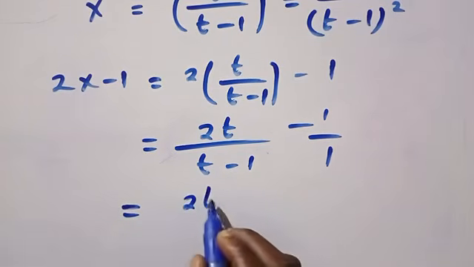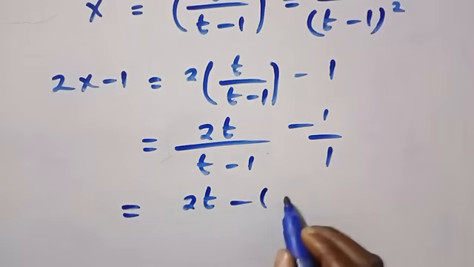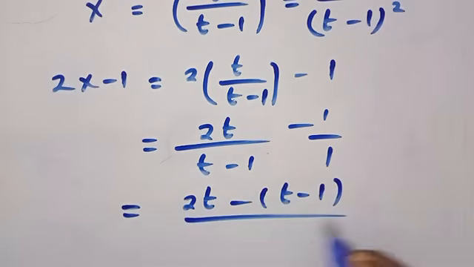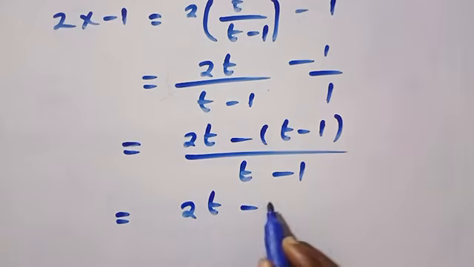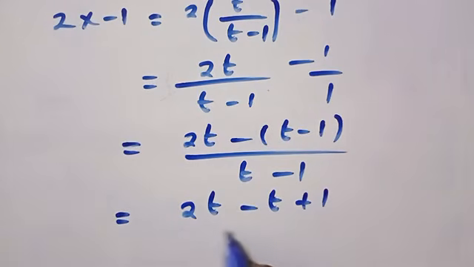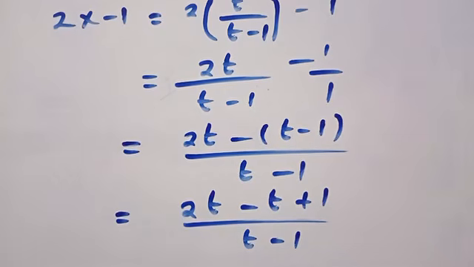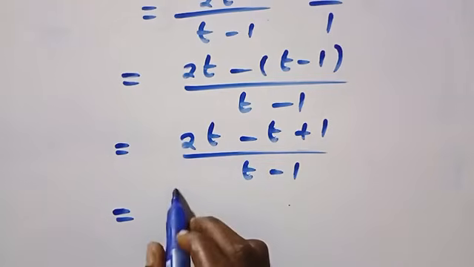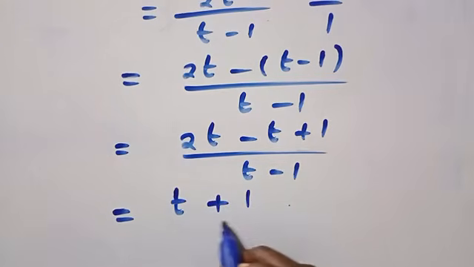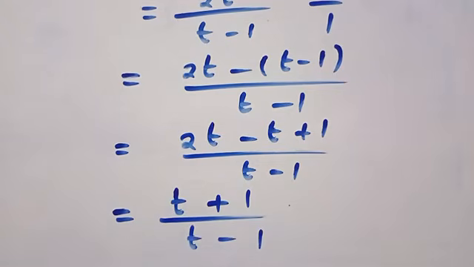And we have this as 2t minus open bracket t minus 1, divided by t minus 1. So here we have 2t minus t plus 1 divided by t minus 1. Then 2t minus t gives us t plus 1 over t minus 1. This is for the value of 2x minus 1.